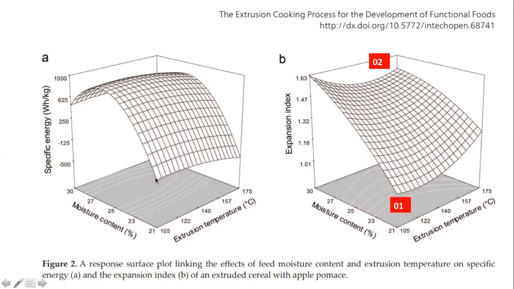Here you can see it is somewhat higher, close to 500. When we increase the temperature, what happened to the specific energy? It has been reduced. And what happened when we increase the moisture content for a particular temperature? Here you can see 105, and we increase the moisture content from 21 to 30. Then what happened?